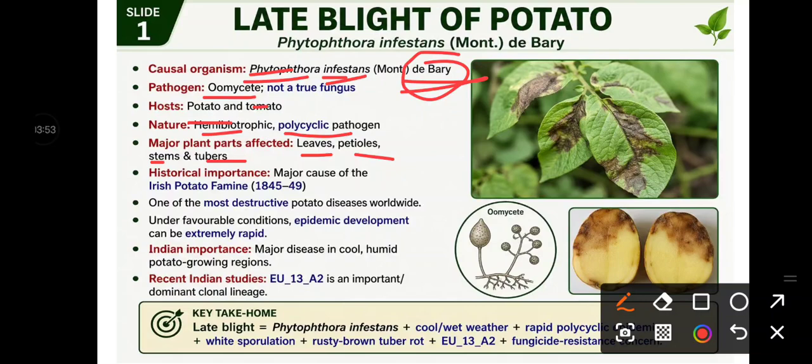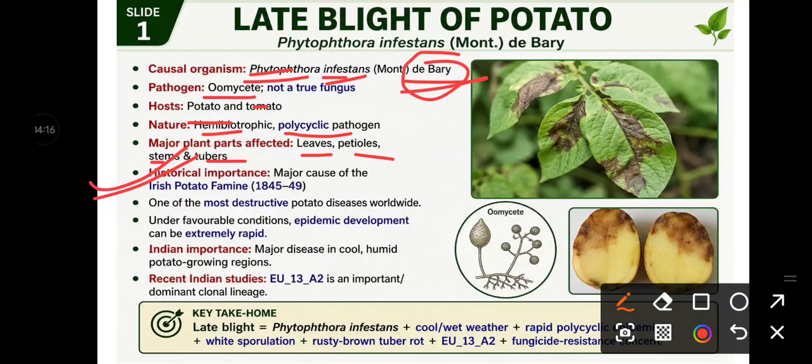Then historical importance: it is the major cause of the Irish potato famine of 1845. Very important. The causal organism, or main cause, of the Irish potato famine is Phytophthora infestans.